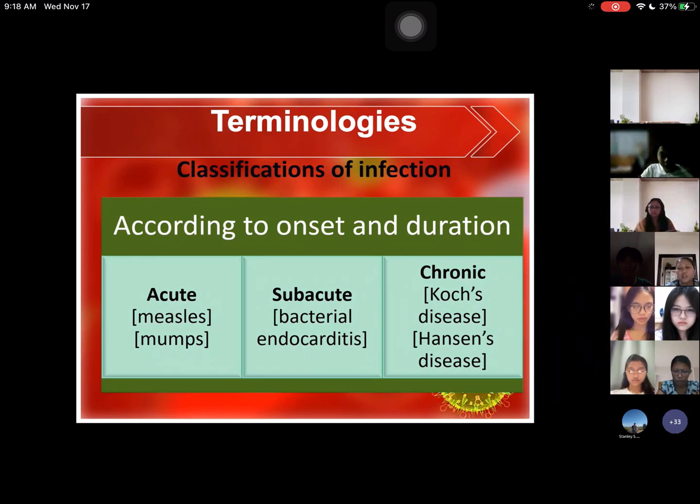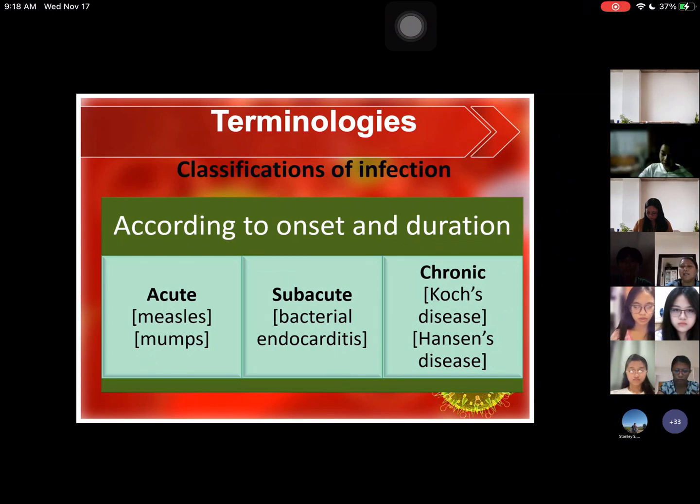So it's in between. You have the subacute infection, like the bacterial endocarditis. So usually it has a slow onset and a rapid recovery, parang ganon, or vice versa.